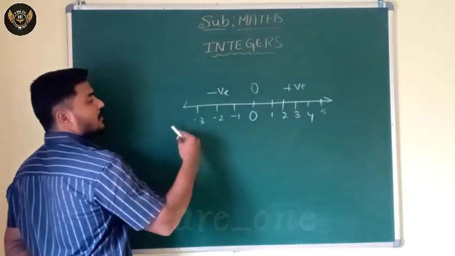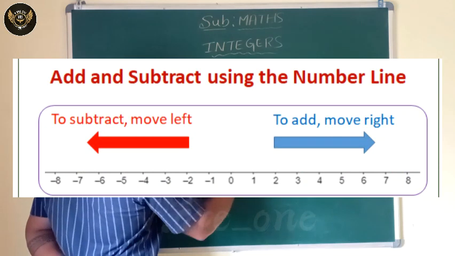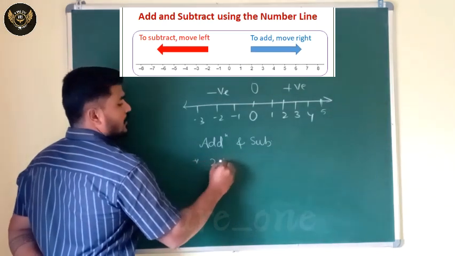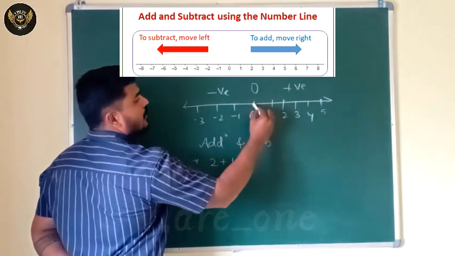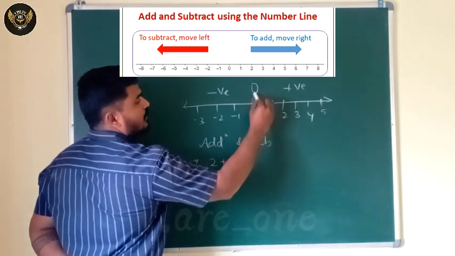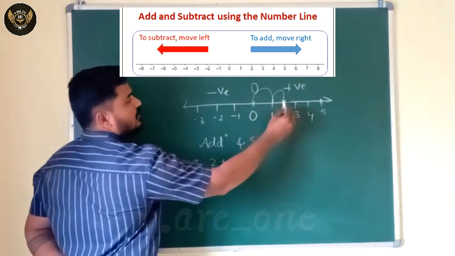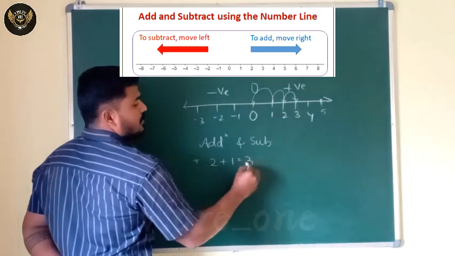In the earlier classes we have performed addition and subtraction on the number line. For example, if we take 2 plus 1, from 0 we add 2 numbers on the right side: 1, 2. Again we add 1 towards the right, that becomes 3.